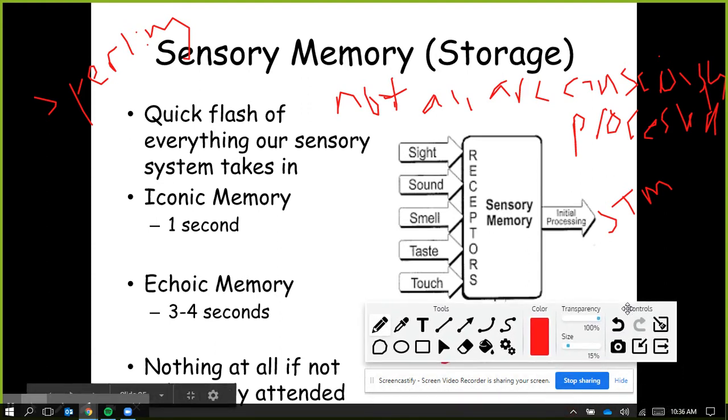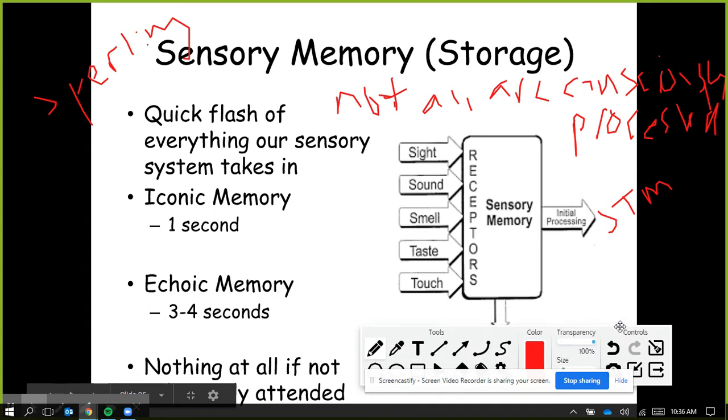All right, so just so you know, this says STM, which is short-term memory, or it's also called working. Anything that you are selectively attending to, meaning paying attention to, is briefly transferred into short-term memory.